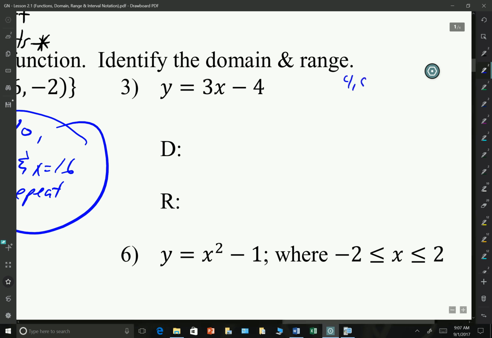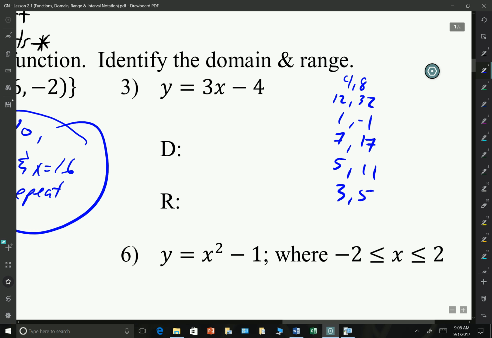So this is not your domain. X value. 12. You plug in 12, you get 32. 1. You get -1. 7. What do you get there? 17? What do you get? Pick. 5. And in that case, you get 11. Pick. 3. You get 5.